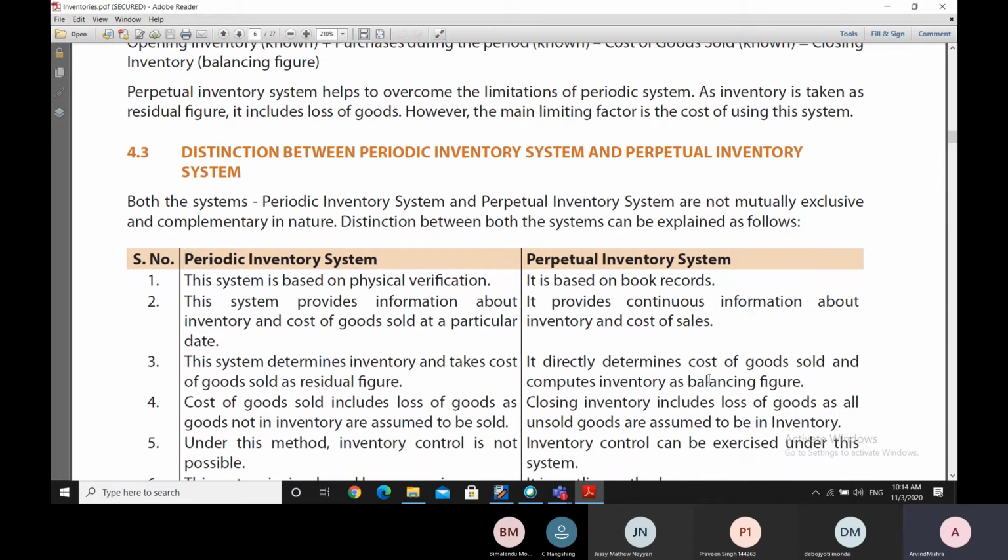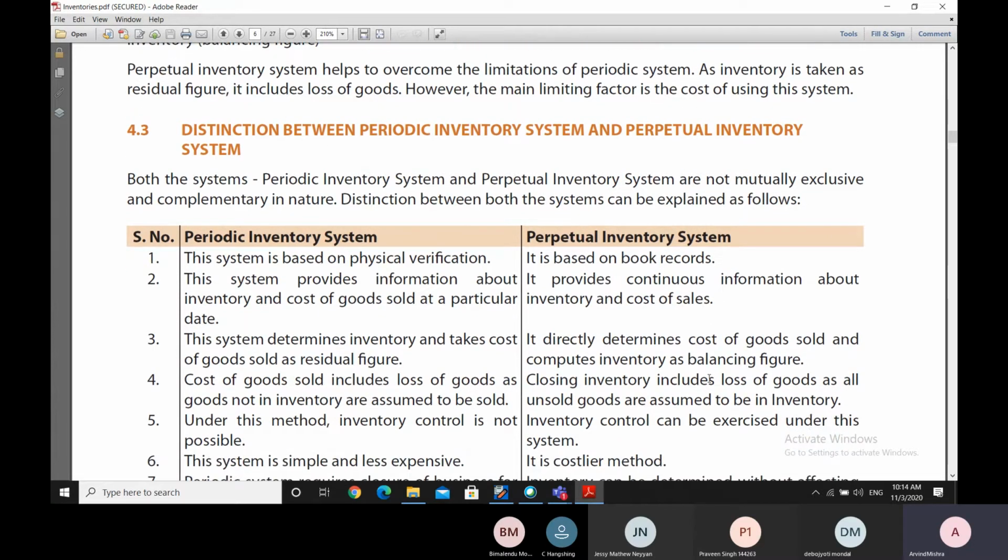And we can assume that as we are getting more and more computerized, perpetual inventory systems are falling into place much more. Even small enterprises may like to have it if they need an accurate idea of their inventories.